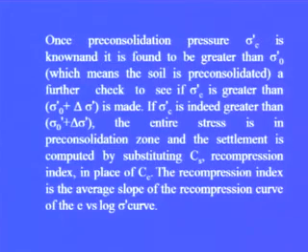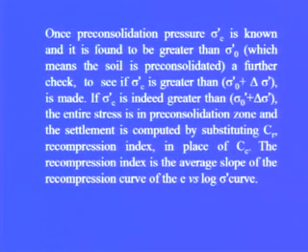Once the pre-consolidation pressure sigma c dash is known and it is found to be greater than sigma 0 dash, which means the soil is pre-consolidated, a further check is made to see if sigma c dash is greater than sigma 0 dash plus delta sigma dash.